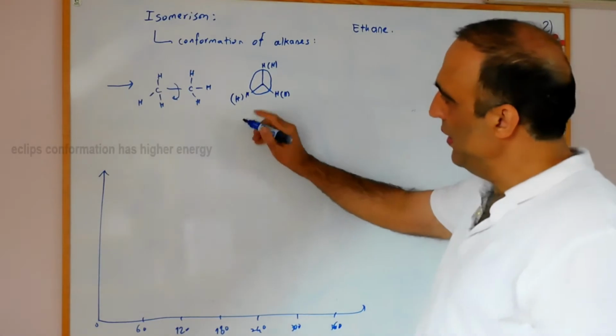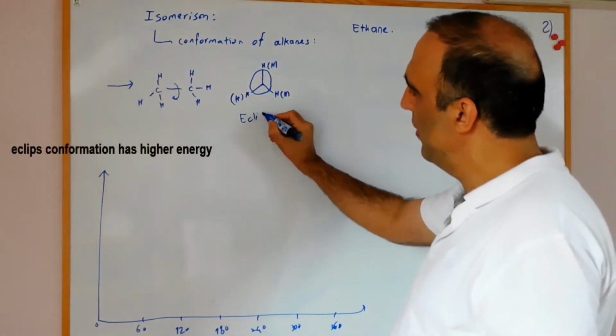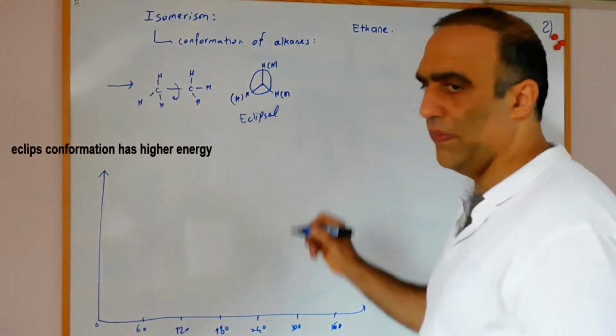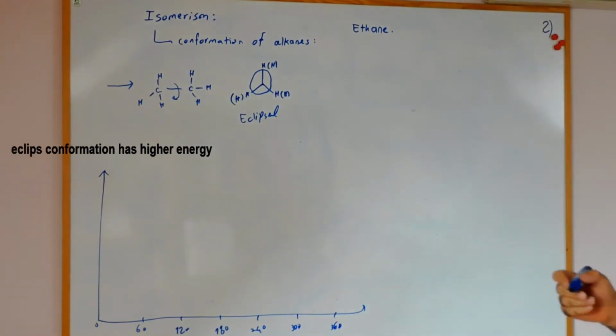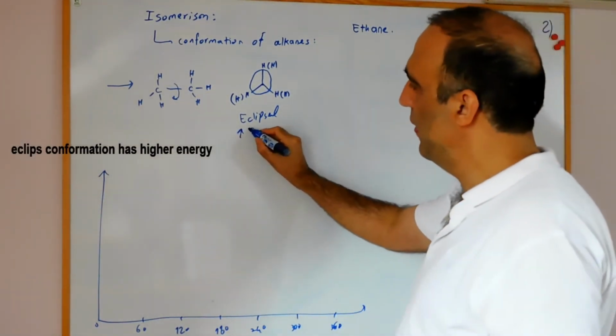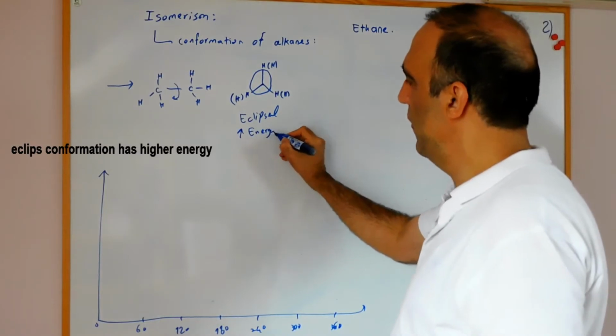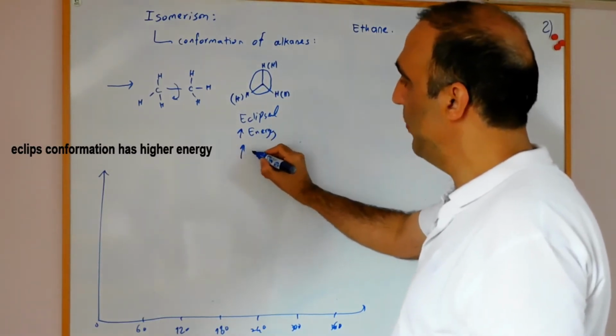As we see here, this shape is eclipsed. Higher energy, more repulsion.